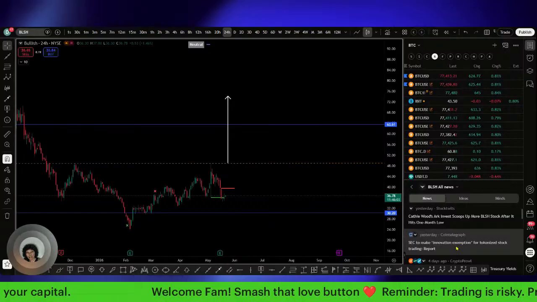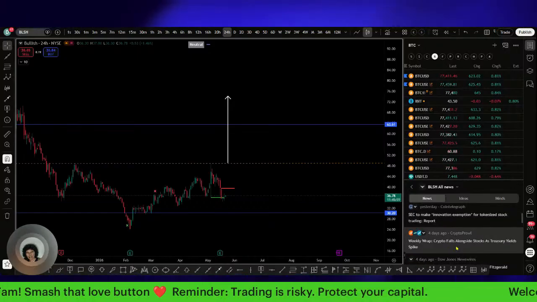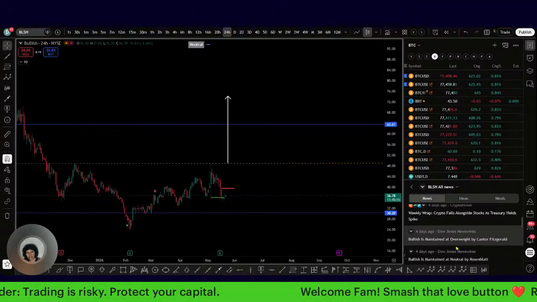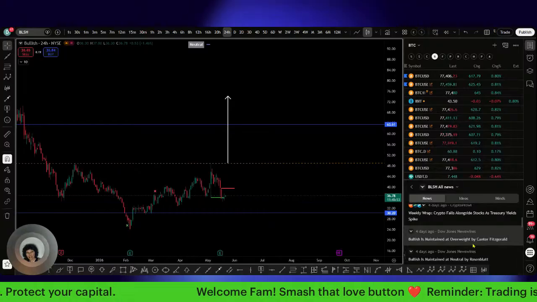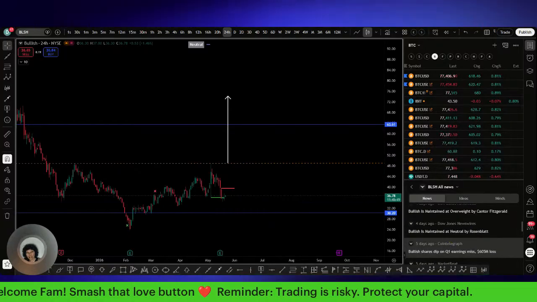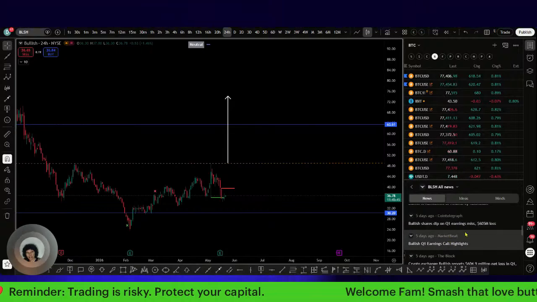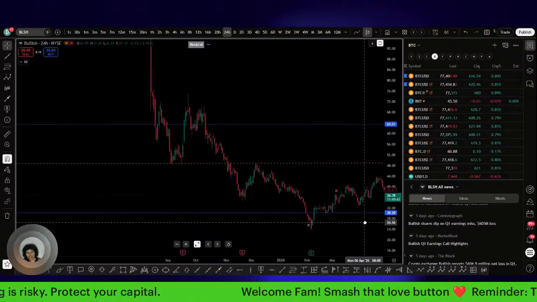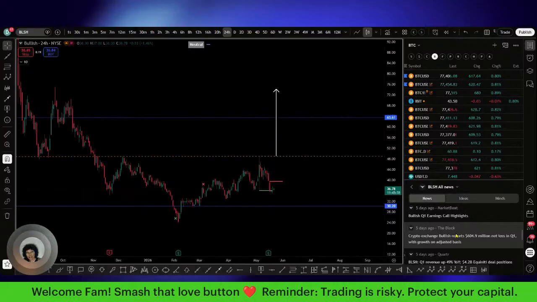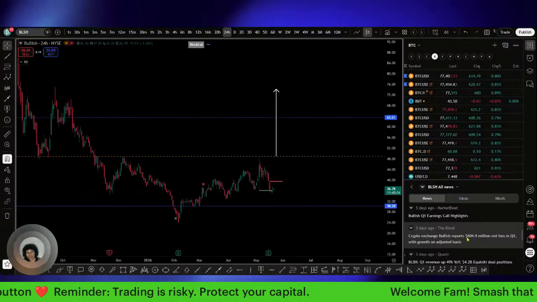We are going to start that tokenized stock trading, some stocks and treasury use, right? Bullish is maintained at overweight by Cantor Fitzgerald. The shares dip on Q1 earnings miss. It's still closer to where it came in. Still kind of down here, so I think I might scoop up a little bit.